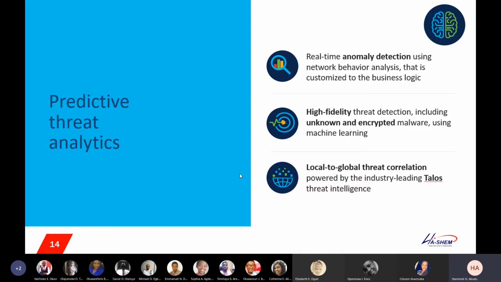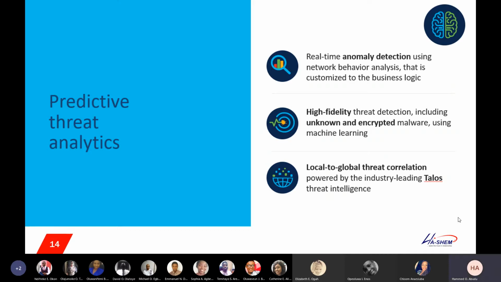This predictive threat analysis gives Cisco Stealthwatch the ability to determine a wide variety of attacks and bad behaviors in your network without any signature-based application. It is highly reliable and gives only alerts with high fidelity.